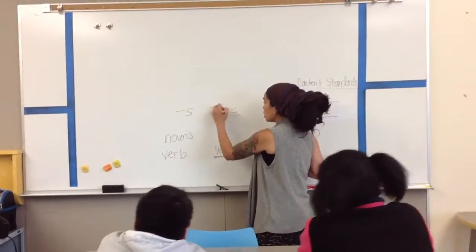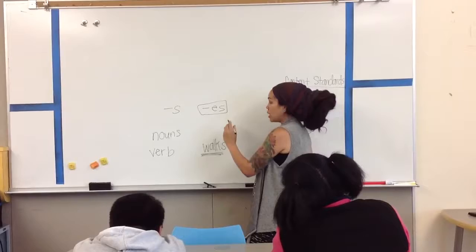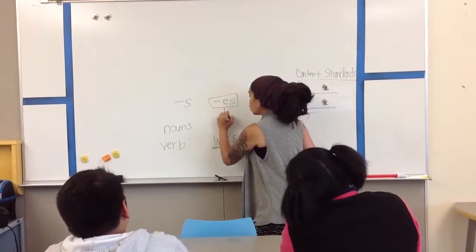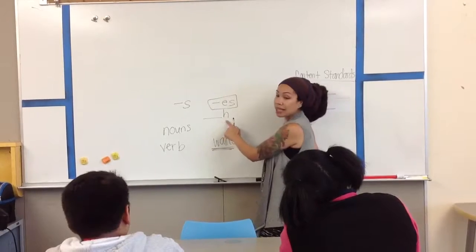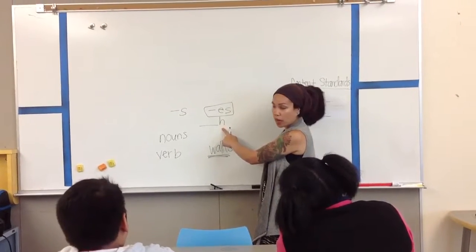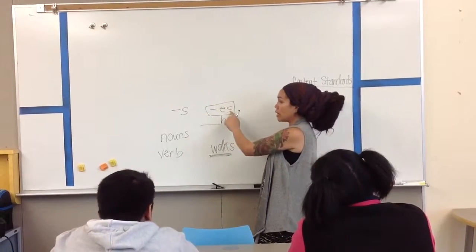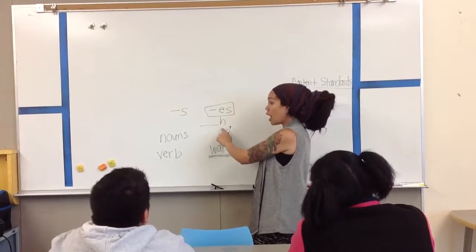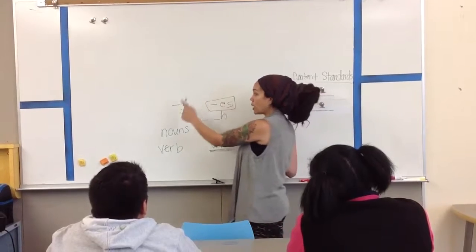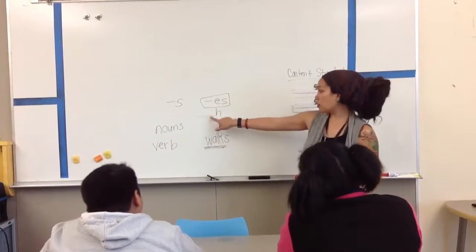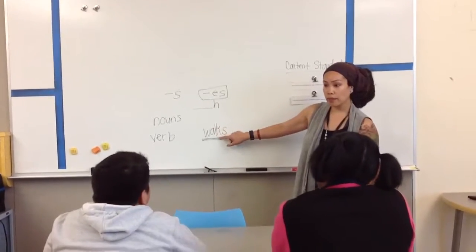In order for it to use this ES, the base word needs to have H as the last letter of the word. Okay? So if the last letter of the word ends with H, then you add ES. If it does not have H, then you add S. So does that follow this rule that we just talked about?